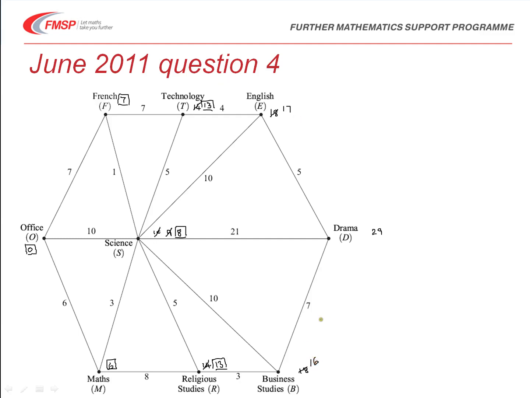We've now got 16 and 17 and 29, so we can box the 16. And then 16 and 7 gives us 23, which is an improvement on the 29.